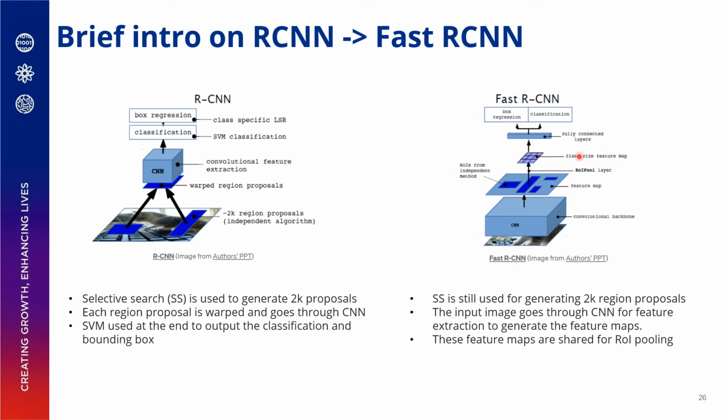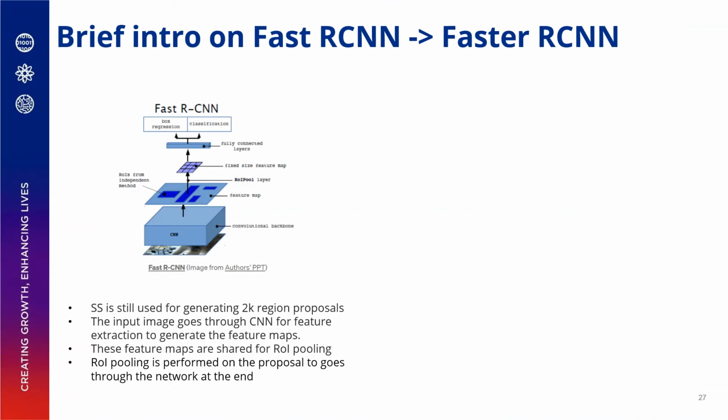This is basically your model over here that you're training, and then you perform your bounding box regression and classification simultaneously. So in Fast RCNN, we brought the CNN directly in front of the image to extract feature maps, and these feature maps are shared for the ROI pooling component, and ROI pooling is performed on the proposals, right?